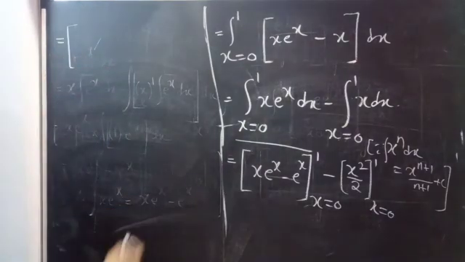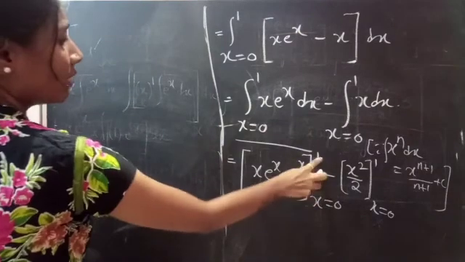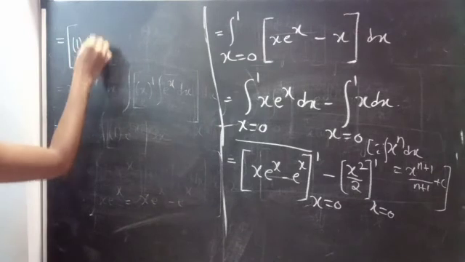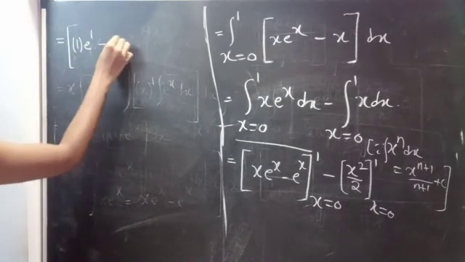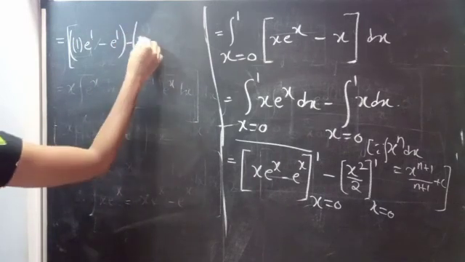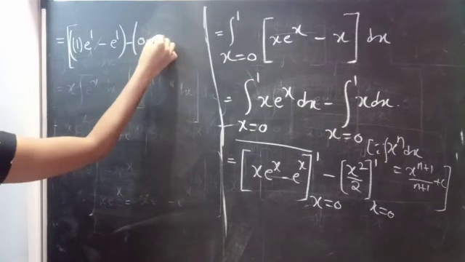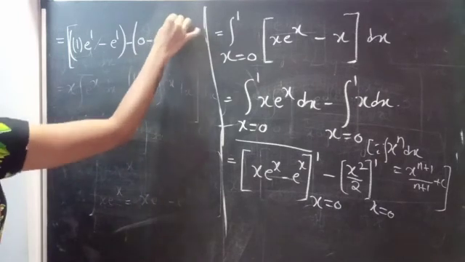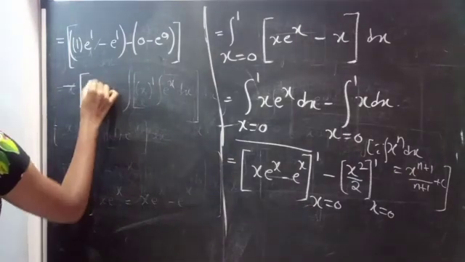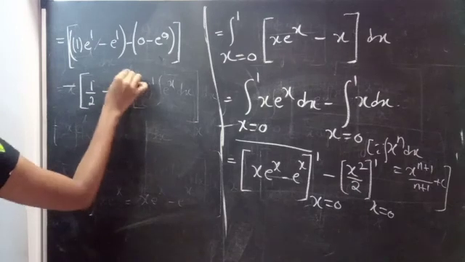which is equal to, now apply the limits for x equals 0 and 1, upper limit 1 and lower limit 0. So 1 into e power 1 minus e power 1, minus, now apply the lower limit, 0 into e power x is 0, minus e power 0, minus 1 square is 1, 1 by 2 minus 0 by 2 is 0.